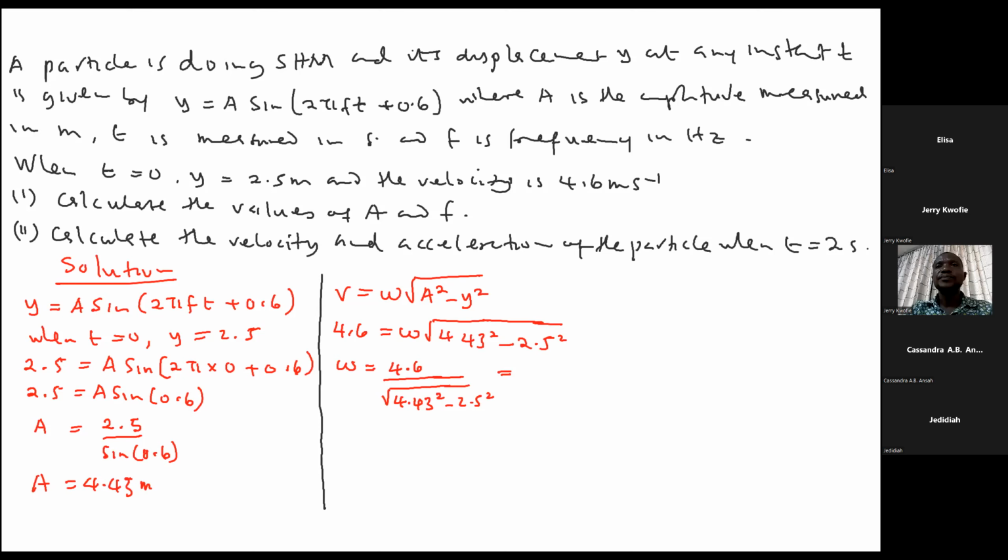Okay. Jedediah, welcome back. I have 1.26. What did you get? 1.26. Jedediah, are you sure? I don't think so. See, 4.43 square minus 2.5 square, you take the square root.